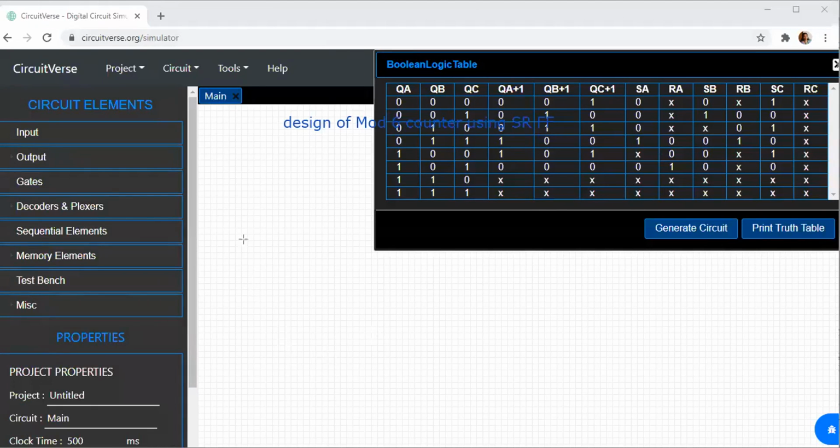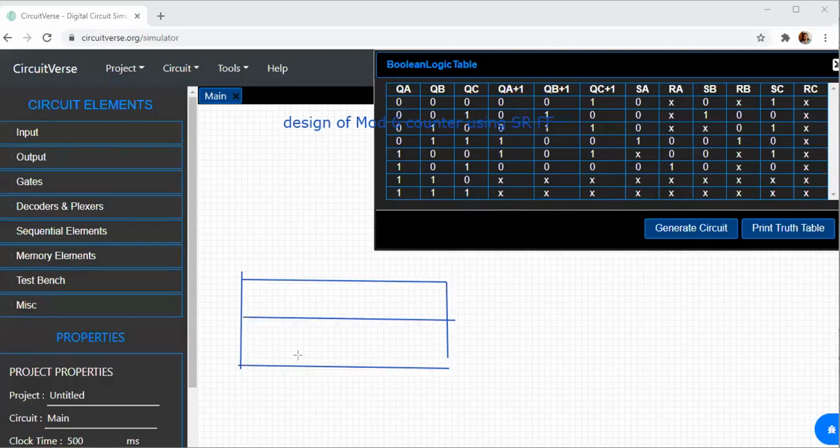Three variable K-map again, so I'll be having a three variable K-map. So this is a three variable K-map.